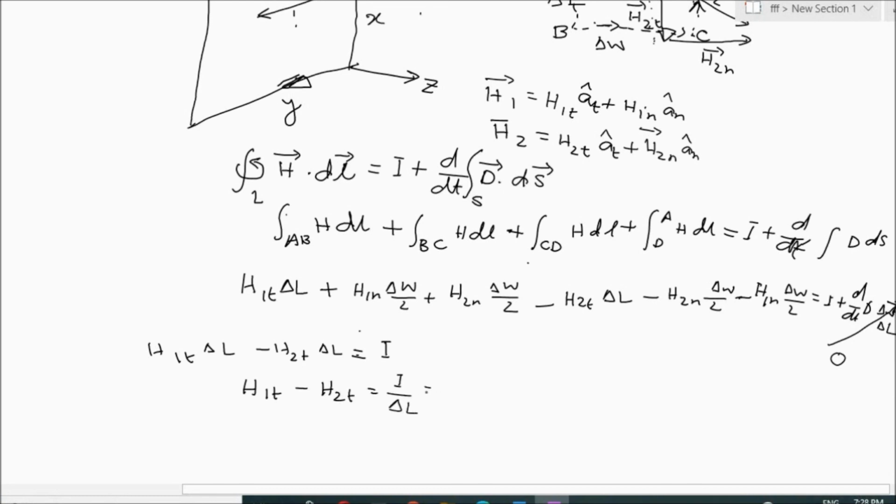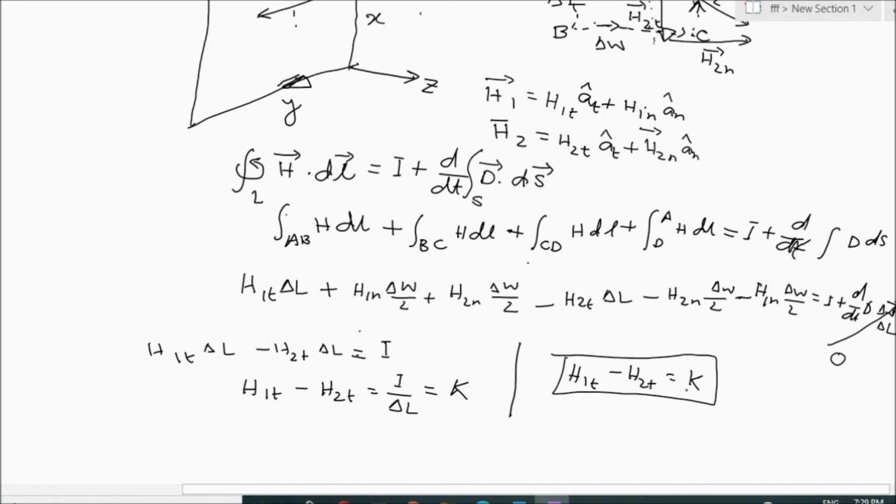So it is just close to the boundary. So H1T minus H2T equals I over delta L, and I over delta L is the current per unit meter, so K. So I got the expression H1T minus H2T equal to K.